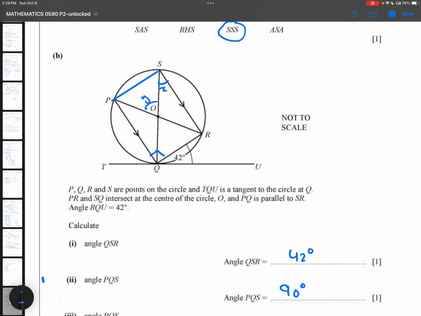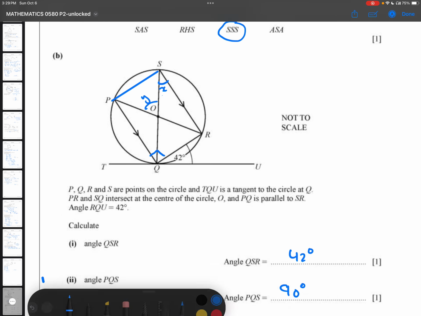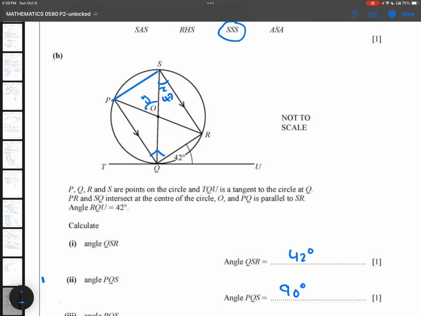This is 42, this is 90. Okay, POS. And this one is 42. This X is 42. This angle will also be equal to 42. Why?